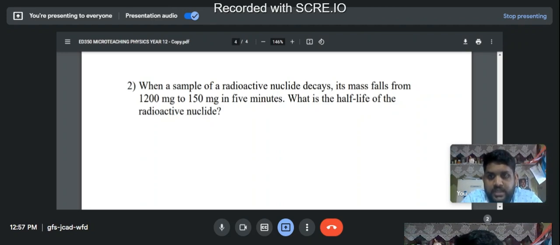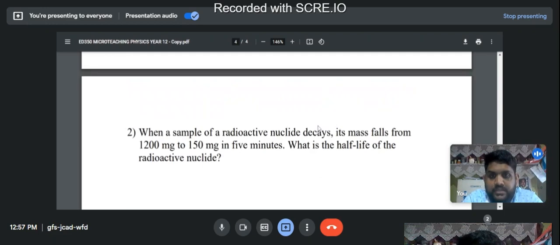You'll again draw your flowchart: 1200, half of that is 600, 300, 150, and then you'll count how many arrows there are. So you'll take 5 minutes and divide it by the number of half-lives. That will give you the time for one half-life. So example 2 and example 3 are similar.